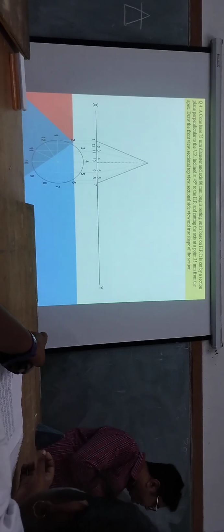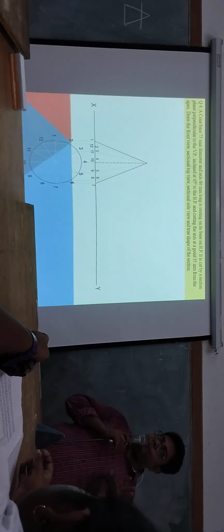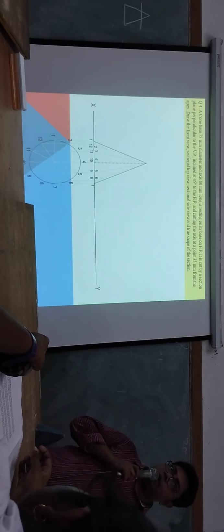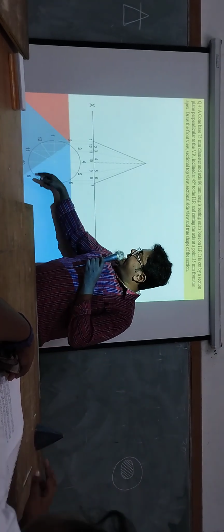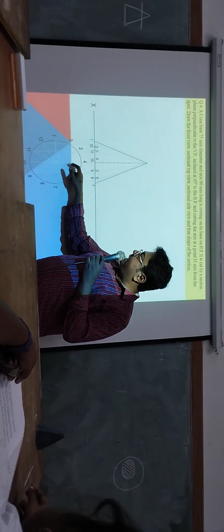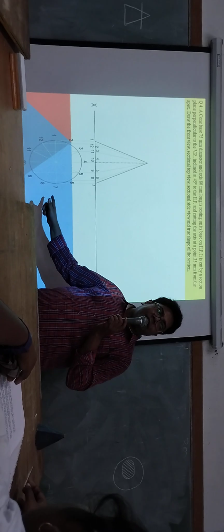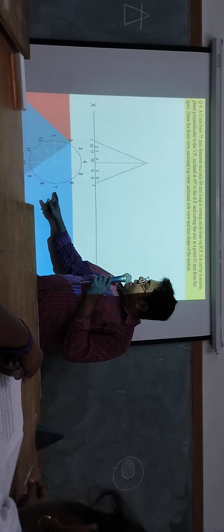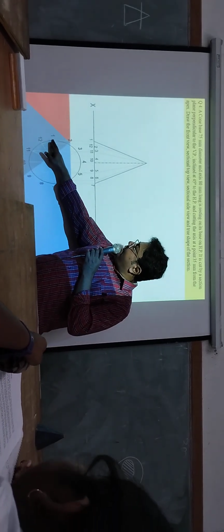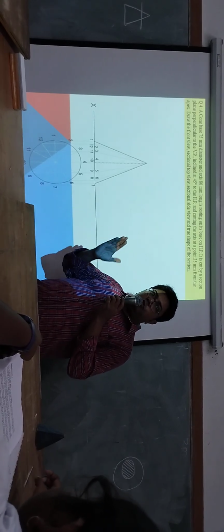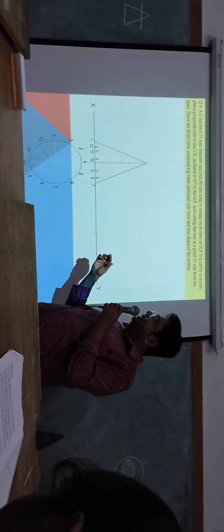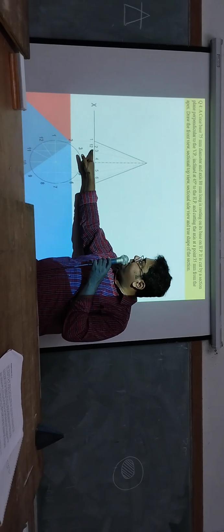Now the circle has been divided into 12 equal divisions. Now same numbering. Suppose this is 1, then 2, 3, in clockwise direction numbering has been given, and from every point from the top view, a projection line has been drawn which is touching the XY.